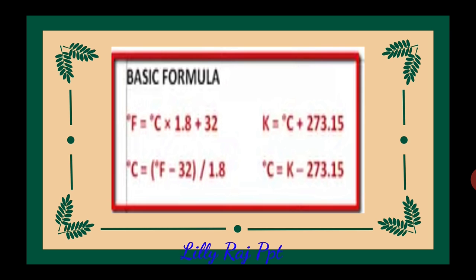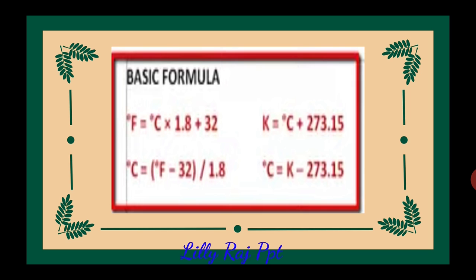If they give the Celsius value and you have to convert it into Fahrenheit, then you can use this formula: degree Fahrenheit is equal to degree centigrade multiplied by 1.8 plus 32. Here 32 is the freezing point, so it starts from 32 degree.